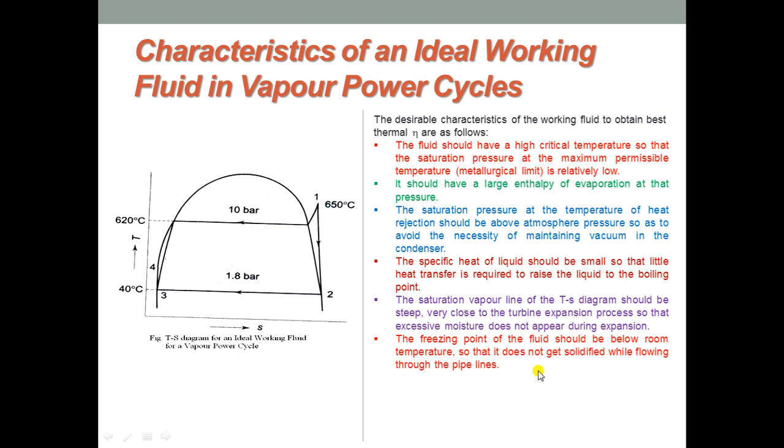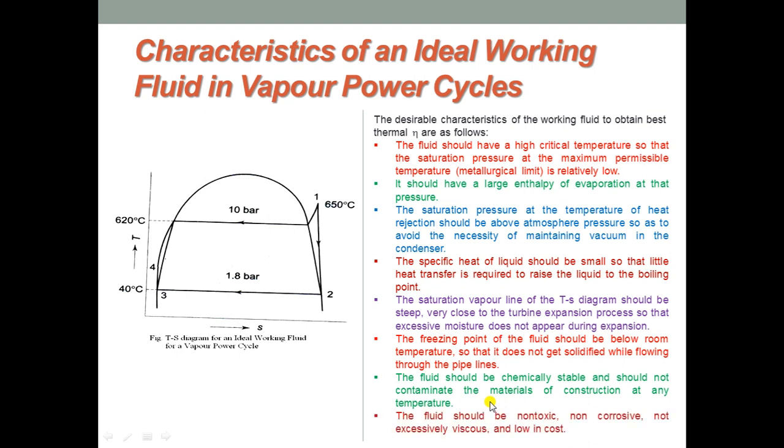The freezing point of the liquid should be below room temperature so that it does not get solidified while flowing through the pipelines. The fluid should be chemically stable and should not contaminate the materials of construction at any temperature.